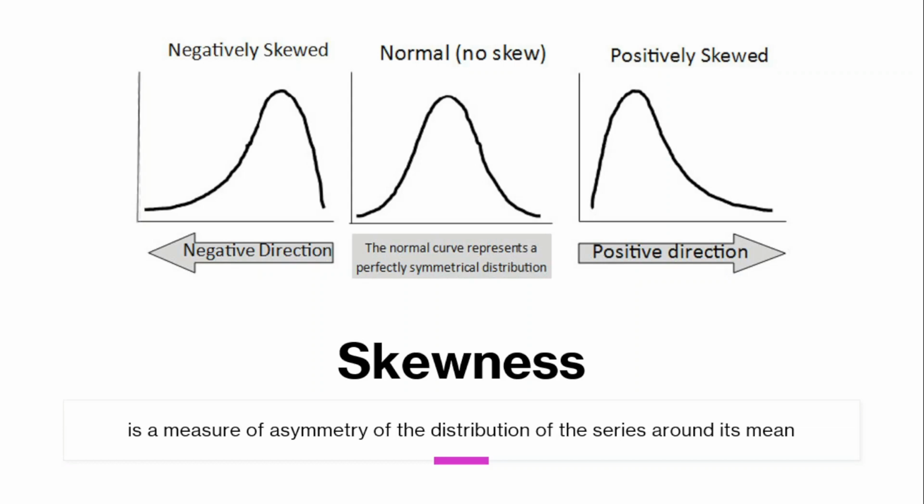The skewness of a symmetric distribution such as the normal distribution has to be zero, and positive skewness means that the distribution has a long right tail, and negative skewness implies that the distribution has a long left tail. So here you can also see the negative direction, positive direction, and if your data is normally distributed, there is no skewness. Skewness seems to be 0.